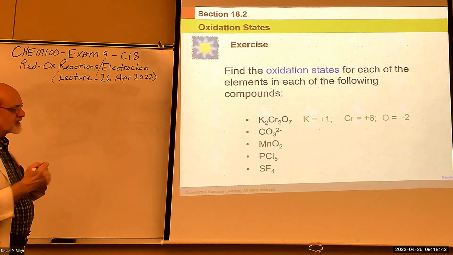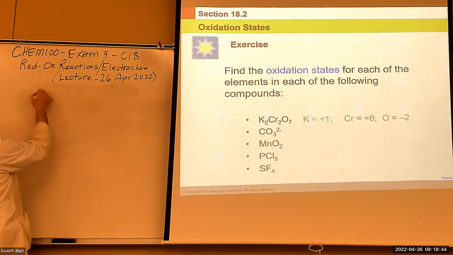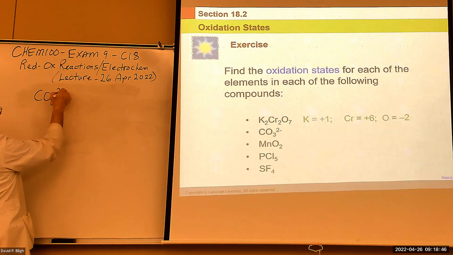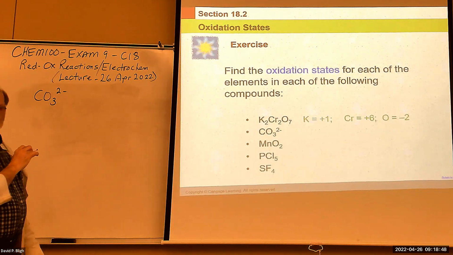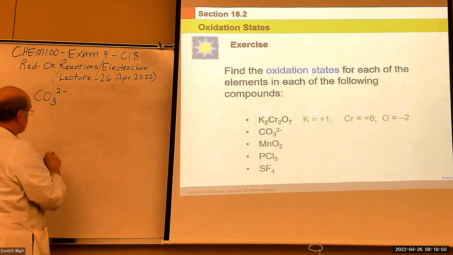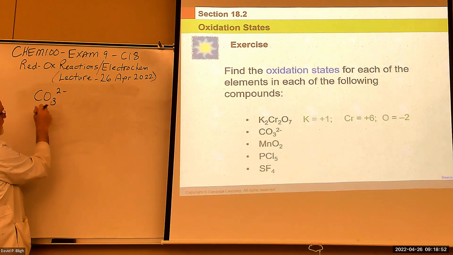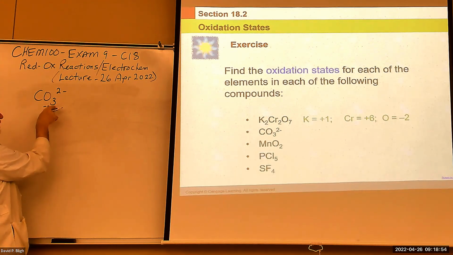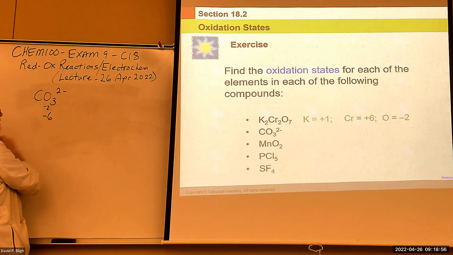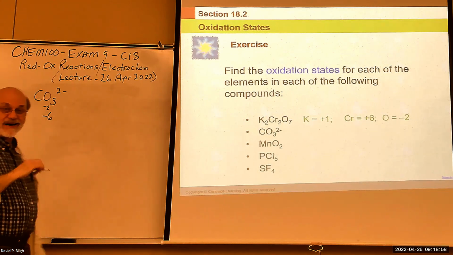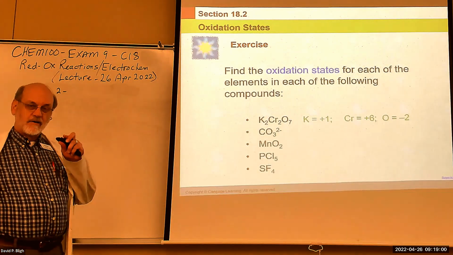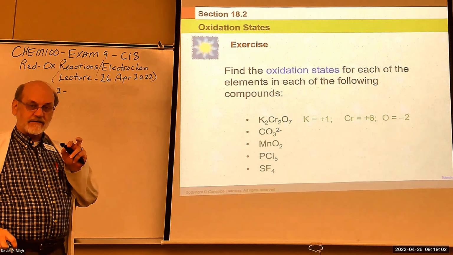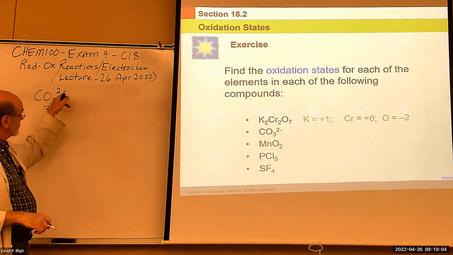How about this polyatomic ion, which is carbonate? So this oxygen has to be a -2, times 3 is a -6. But we have to hold out 2 of those negative charges for the ion's charge.